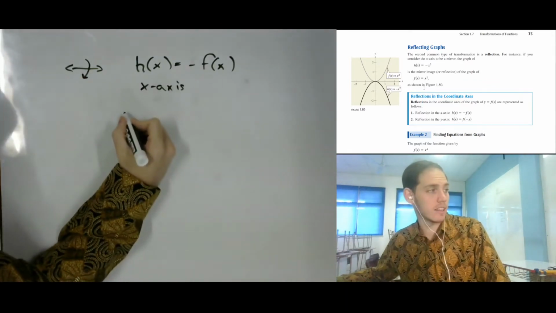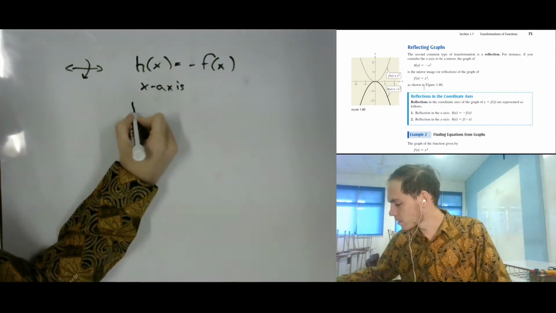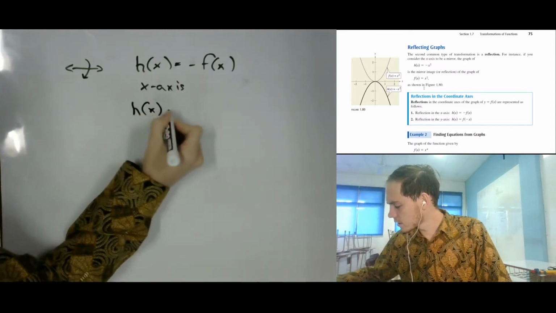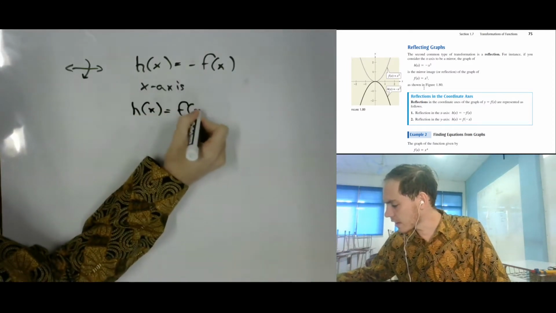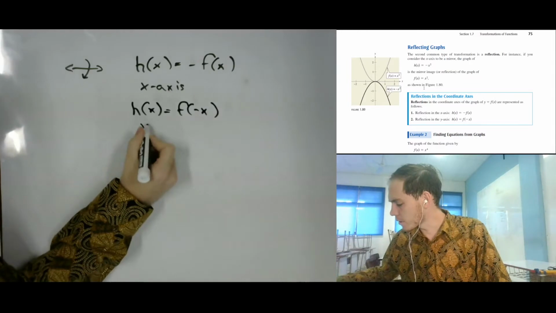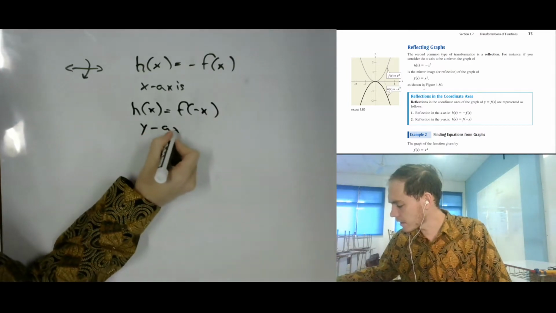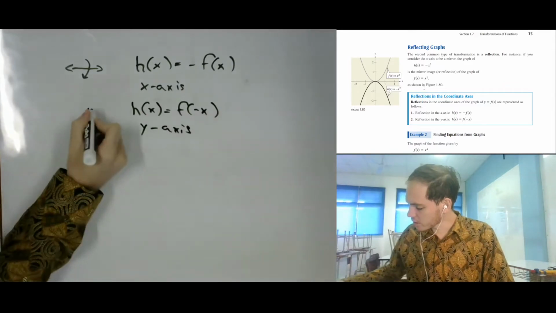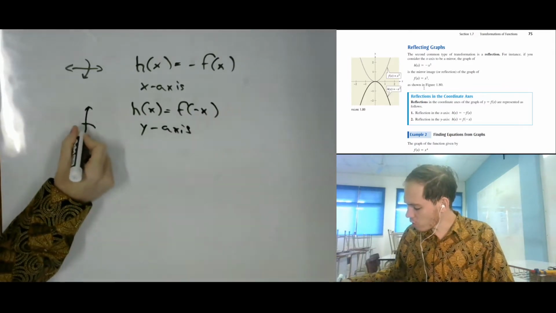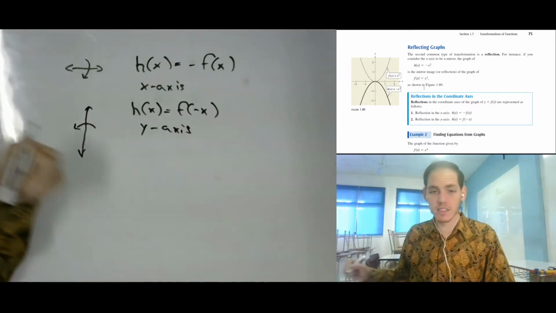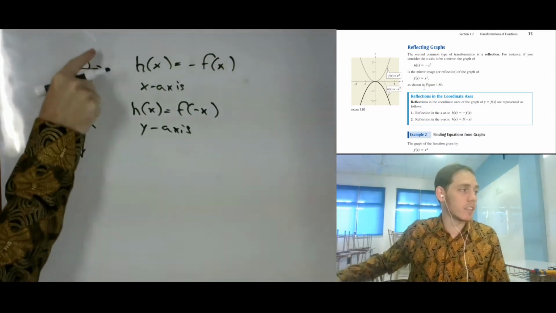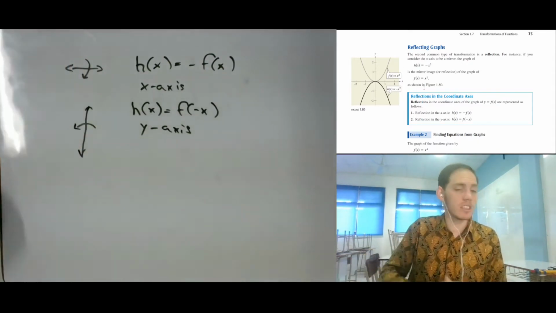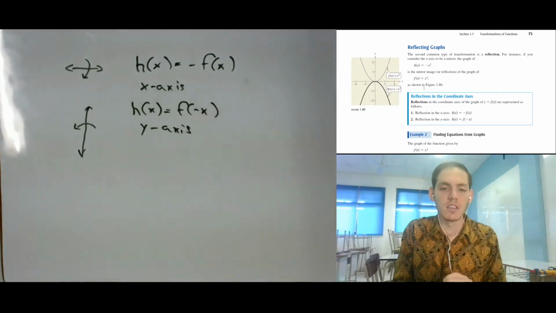And then h of x equals f of negative x is going to be over the y-axis, okay? So that's going to be the y-axis up and down. It's going to be over the y-axis, okay? Now, can it flip over and back? Yeah, you could actually do some of that stuff.